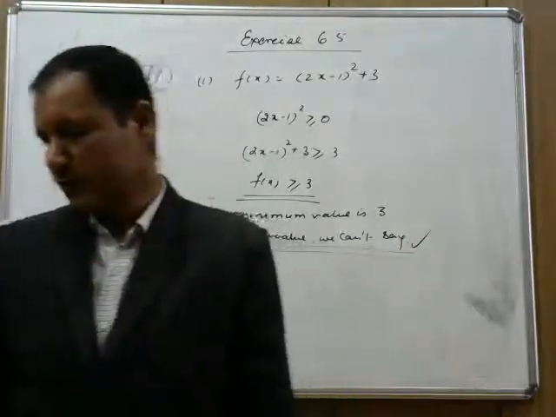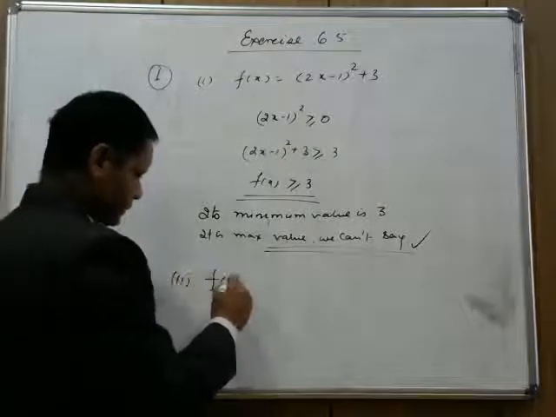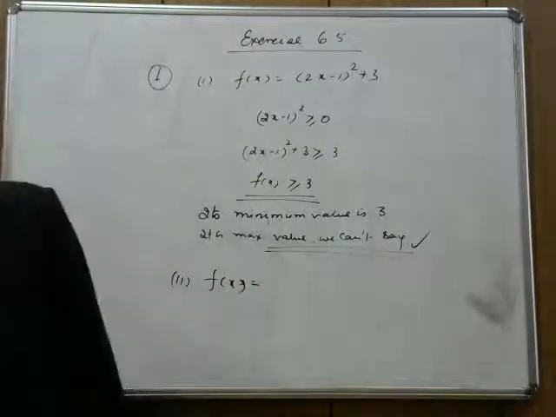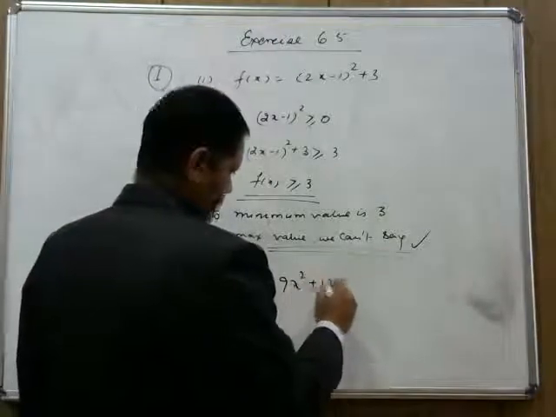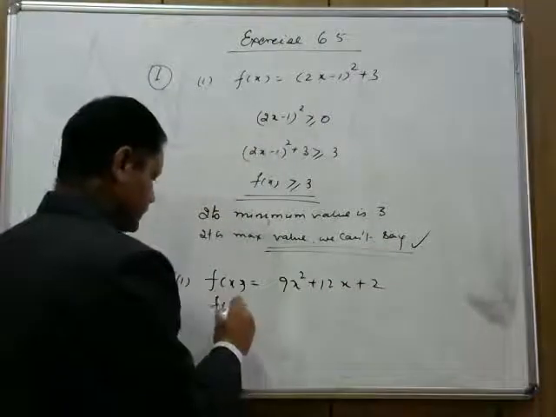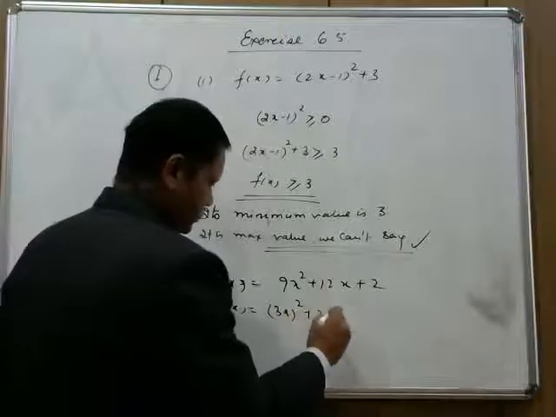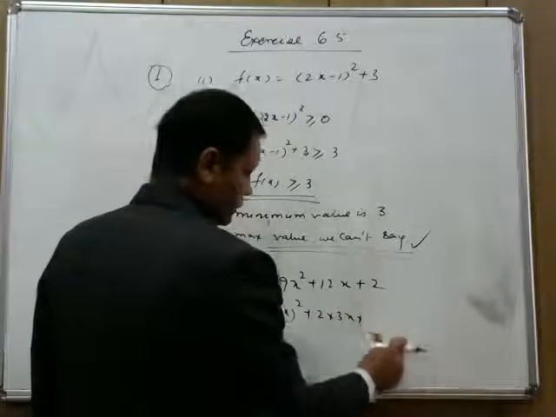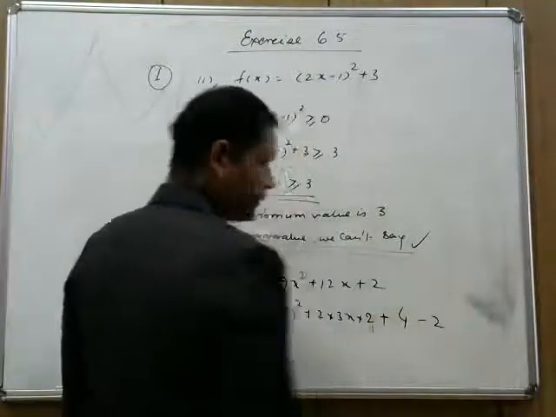Suppose the second question we have, f of x is equal to 9x square plus 12x plus 2. See, now can I write f of x is equal to (3x) whole square plus 2 into 3x into 2, whole minus 2? Can I write?